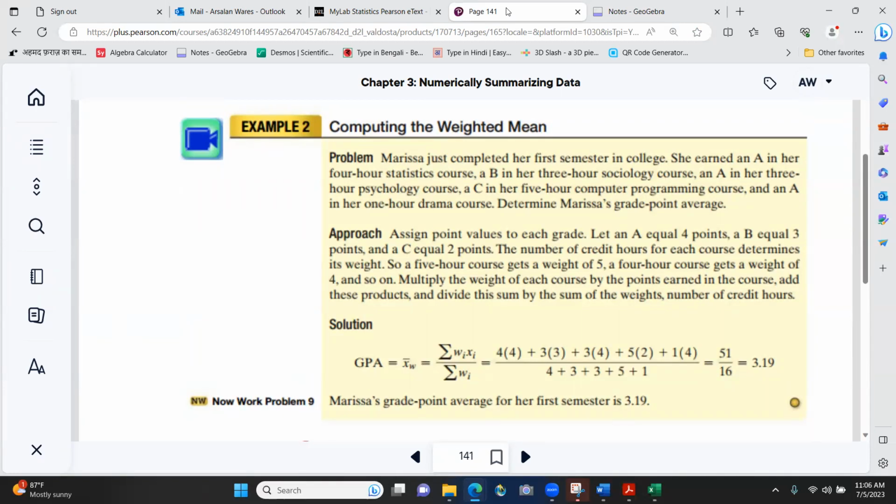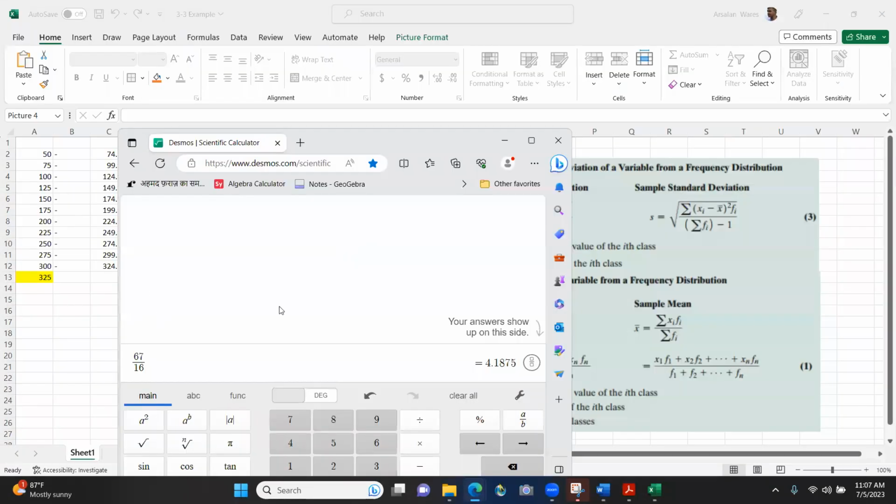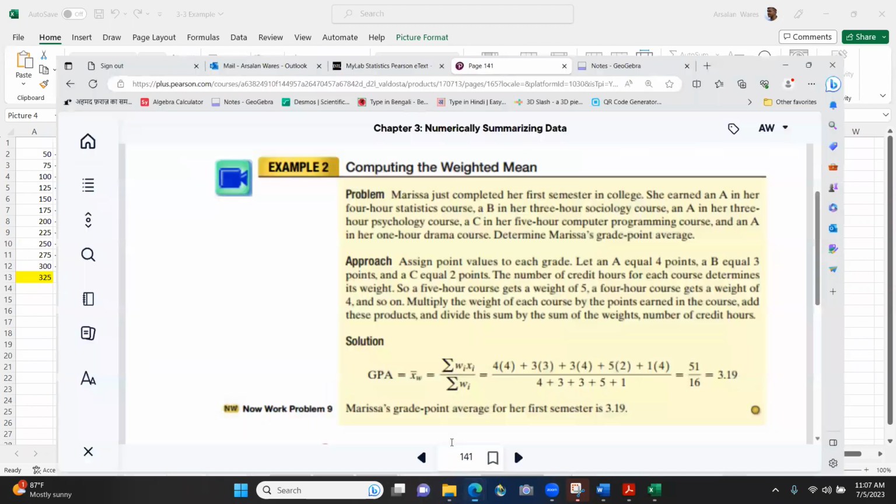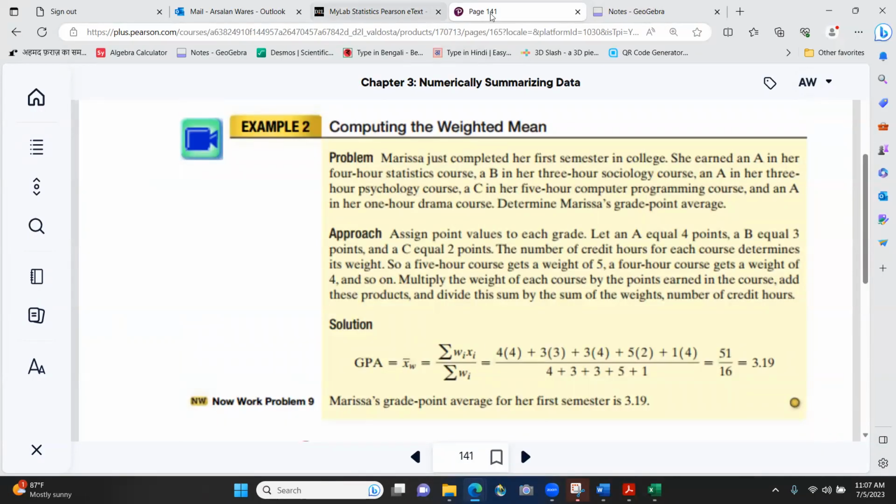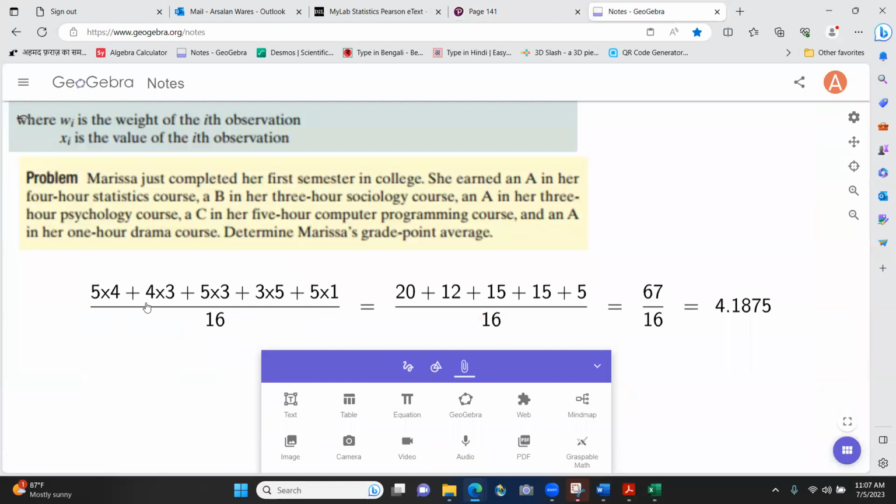So what I did is probably correct, but A is 4, B is 3, C is 2, D is 0. So let's write it down and let's redo it. A is a 4.0.